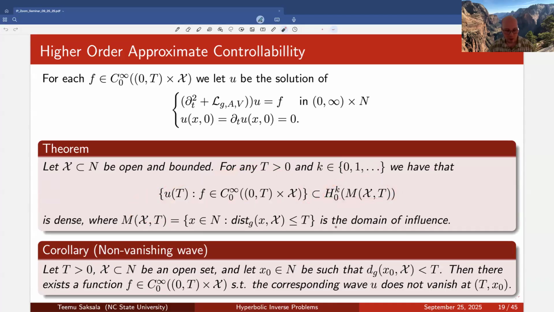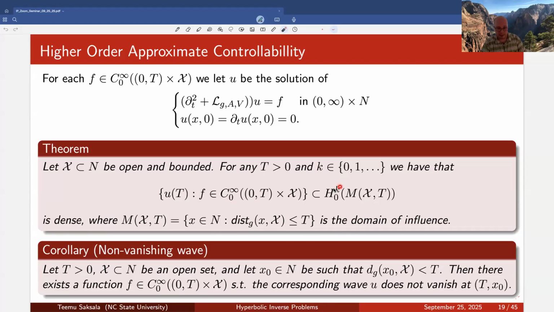But combining finite speed of propagation with approximate controllability, we can conclude that this set of waves is dense in this space. So it's not only a subset, it's actually a dense subset.